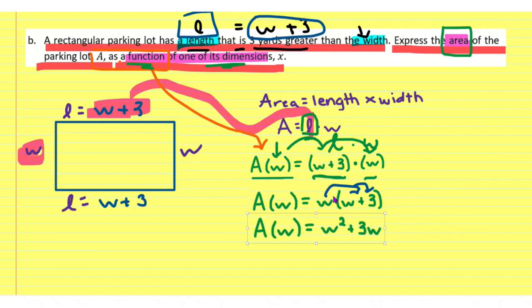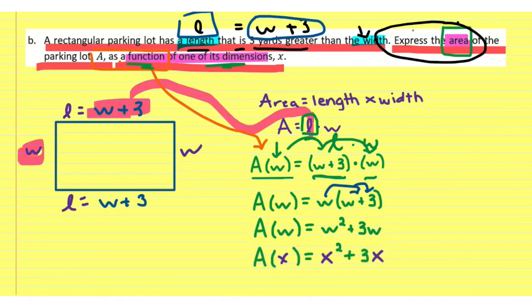And it turns into W times W, which is W squared, plus W times 3 is 3W. And then can I simplify it anymore? Yes, because it actually did not want me to solve it. It just wanted me to express the area as a function. So right there, I've done that. I've expressed the area as a function.